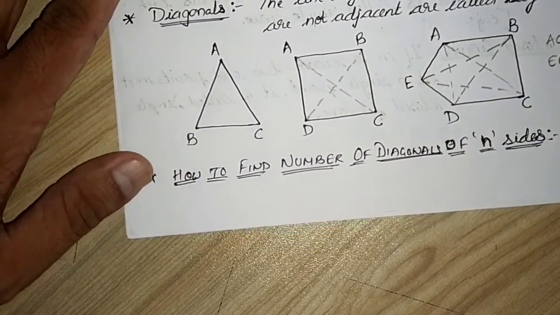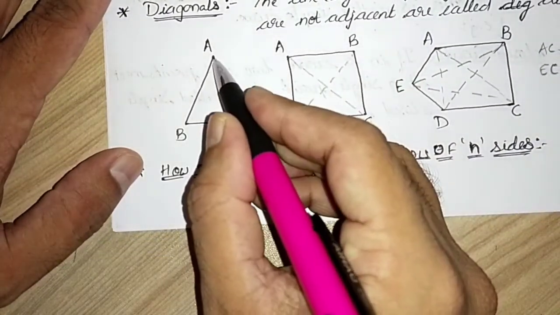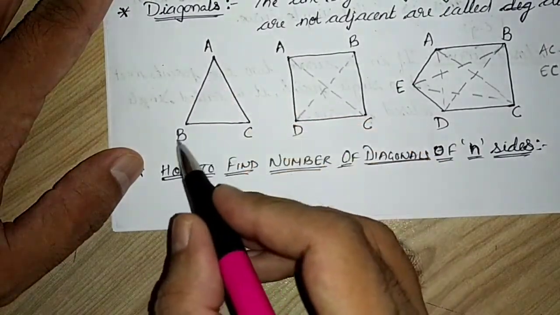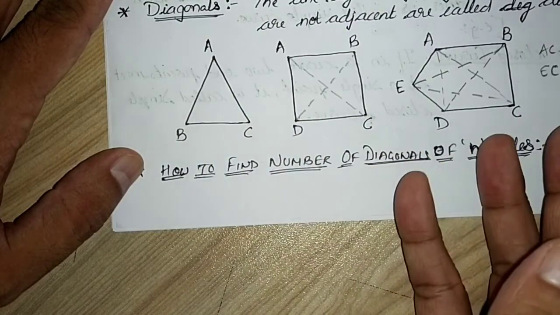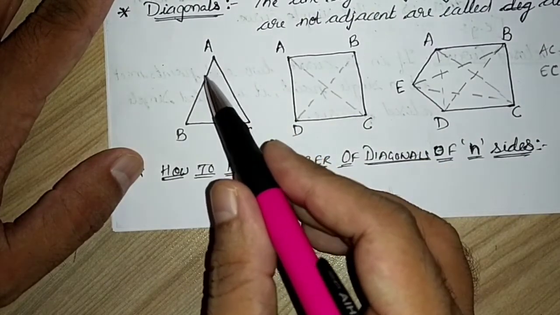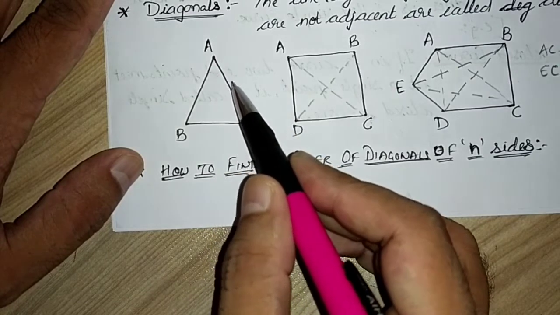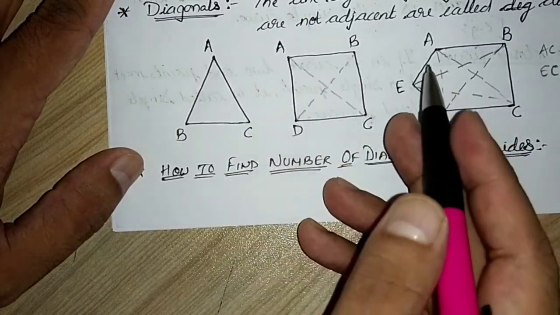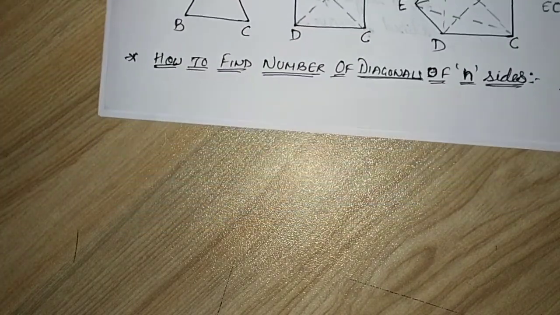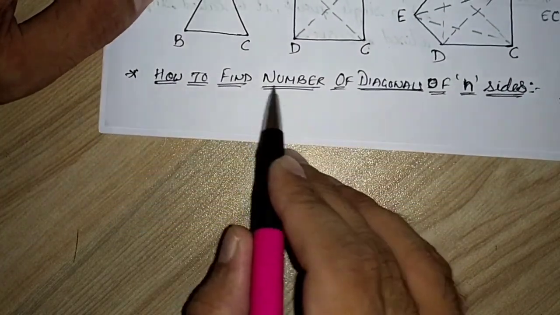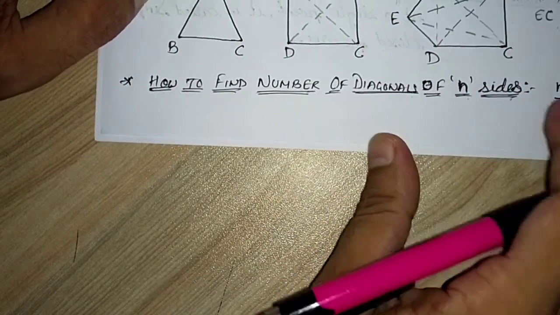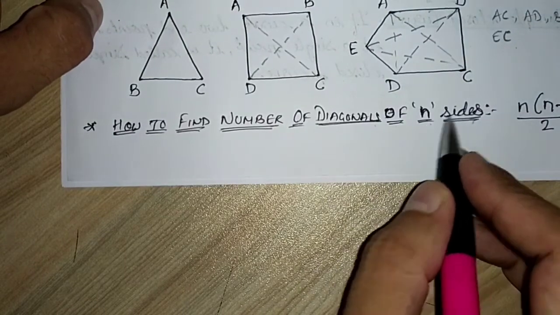What about the triangle? The smallest polygon is the triangle. Here for A, the adjacent vertices are B and C, so there is no diagonal for triangles. So if the question is how many diagonals are there for a triangle, it has no diagonals. Okay, now how to find the number of diagonals of an n-sided polygon?